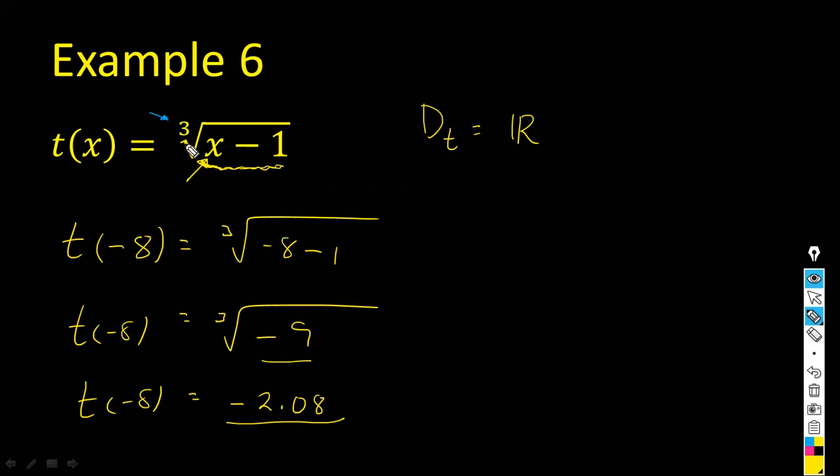The only problem arises when you have even numbers here, either 2, the square root, or the 4th root, or the 6th root, and so on. For odd numbers, the domain will be all the real numbers. We don't have to be worried about this.